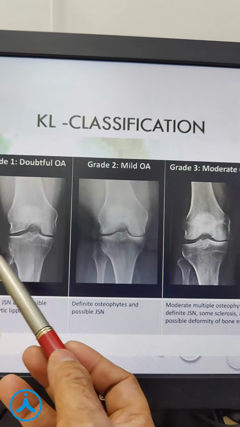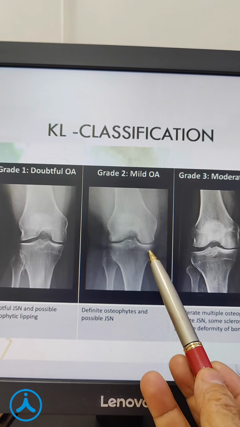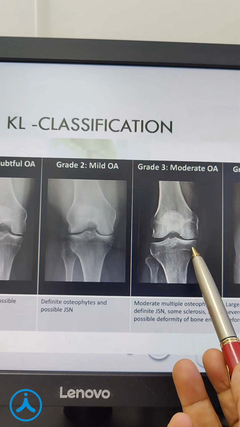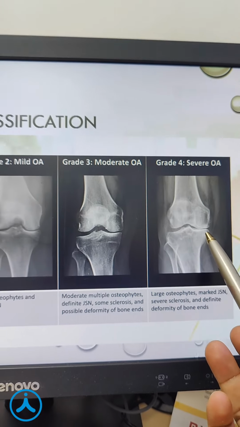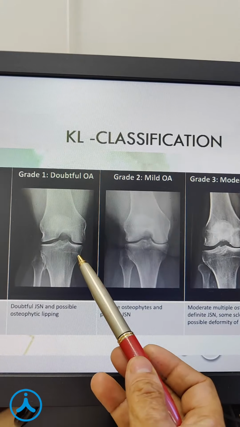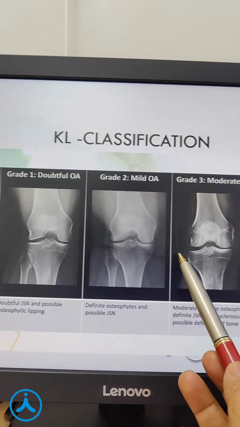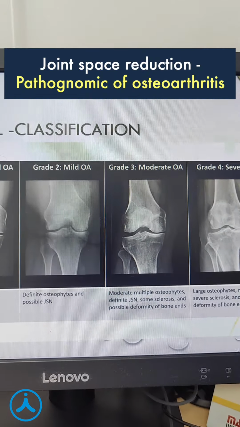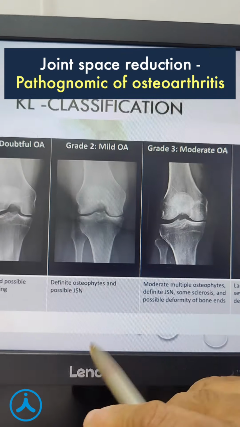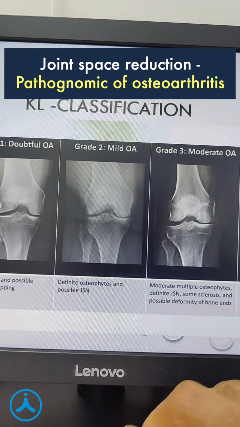Finally it is gone in severe osteoarthritis. So grade 1, grade 2, grade 3, and grade 4. Joint space reduction is a pathognomonic feature of osteoarthritis.